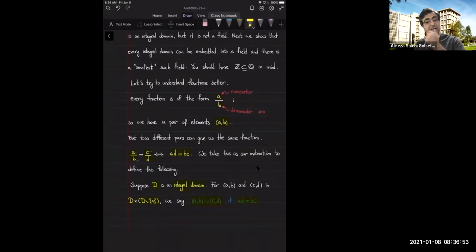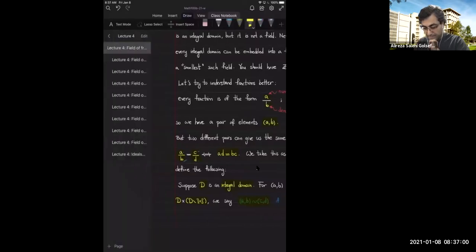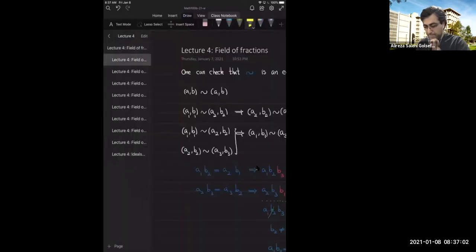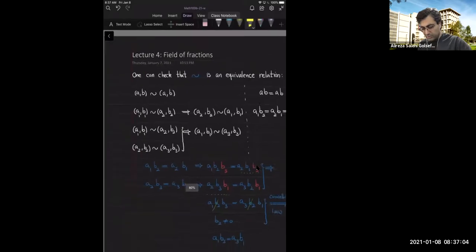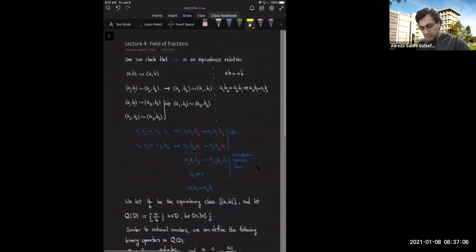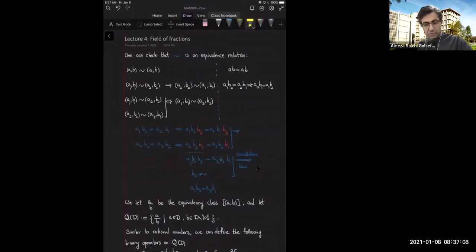Okay, the first thing that I have to show is that this relation is in fact an equivalence relation. But what does that mean? Let's recall that a relation is called an equivalence relation if it has the following properties. Every element is equivalent to itself. We call this the reflexive property.